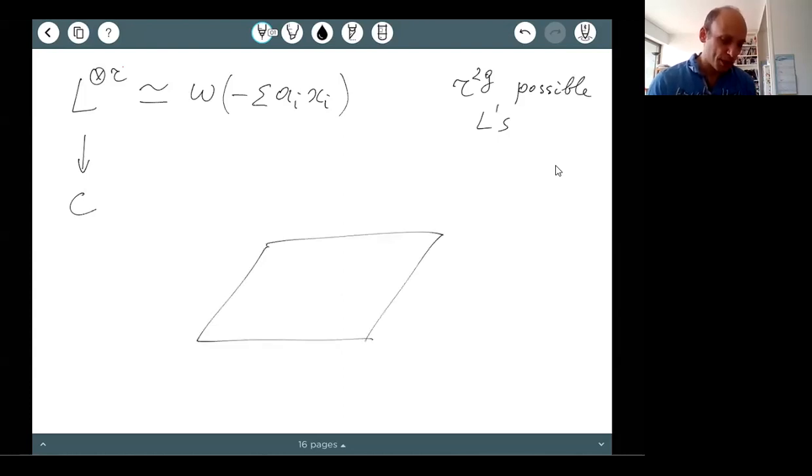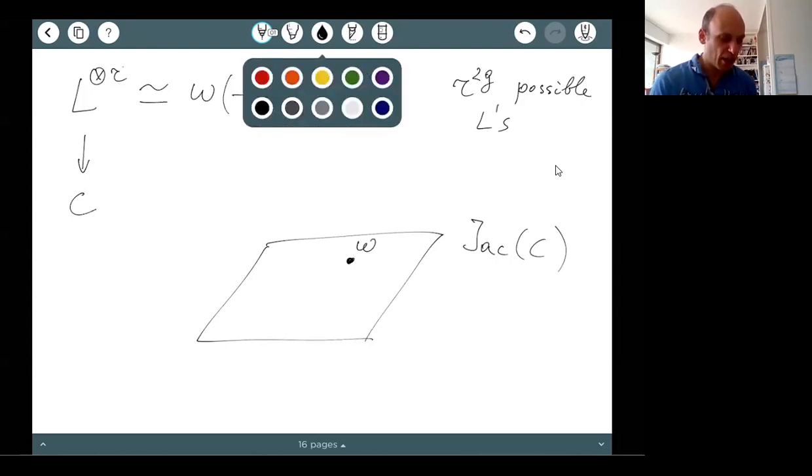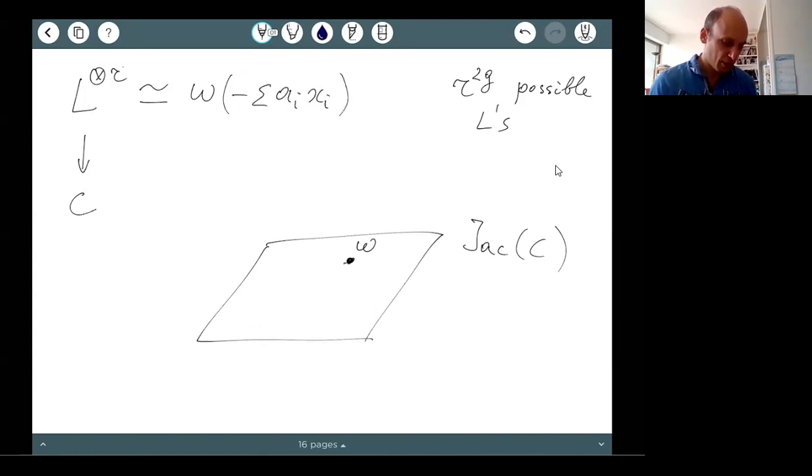If I draw the Jacobian of C, and here I have the point that corresponds to my twisted omega, and now I want to divide it by R. So let's say on my picture, I will take R equals 3, for instance. So then I will divide this by 3.